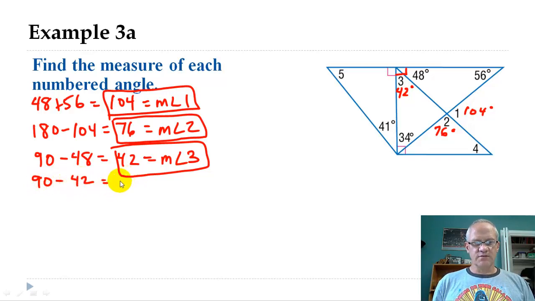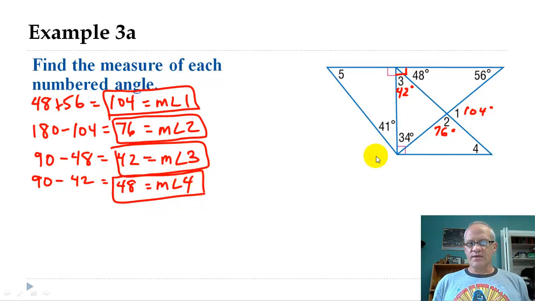And what do I get? 48. Oh. So sometimes you can use that. That might make it a little bit easier when you're trying to figure these things out, instead of doing 90 minus 34 to get this, then adding 76, and then subtracting that from 180. So sometimes you can make it a little easier on yourself.